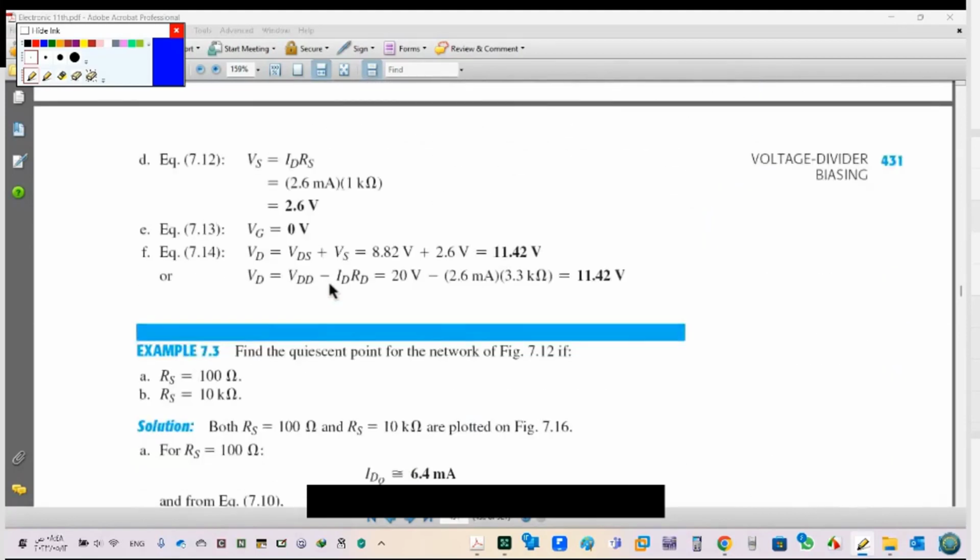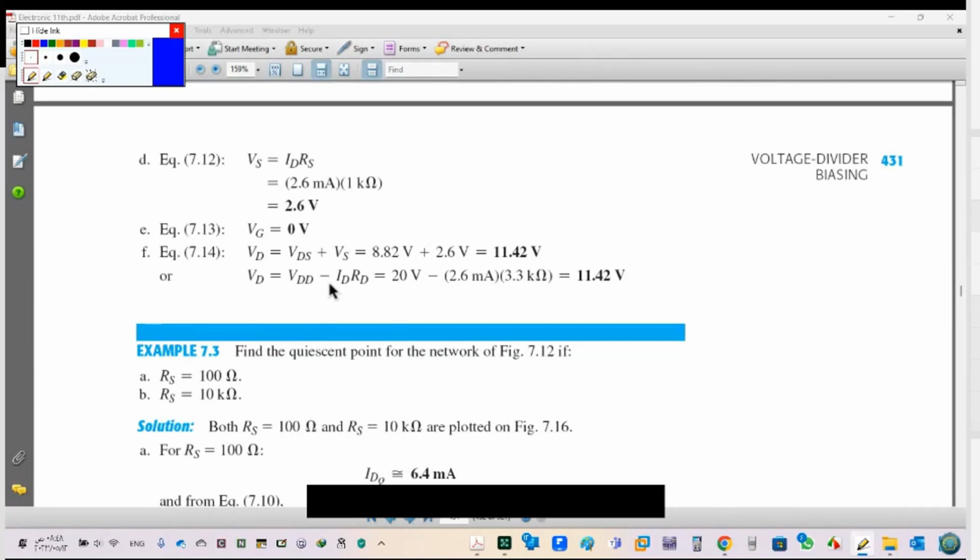Now, here we have a question, Ahmed, Ariane, everyone. Find the Q point for the network if RS is 100 ohm, 1 kilo ohm, 10 kilo ohm. In this formula, as you see, we have VGS equal minus ID RS. RS, if you remember, is like RE.